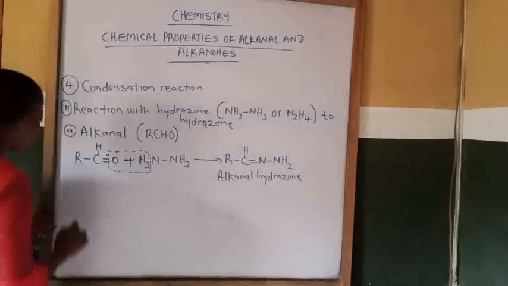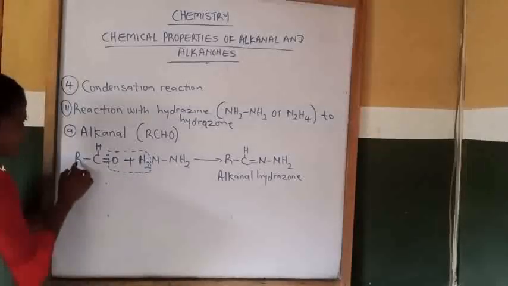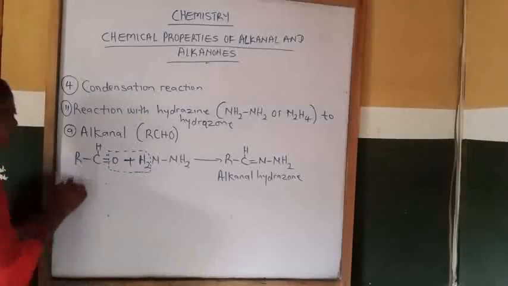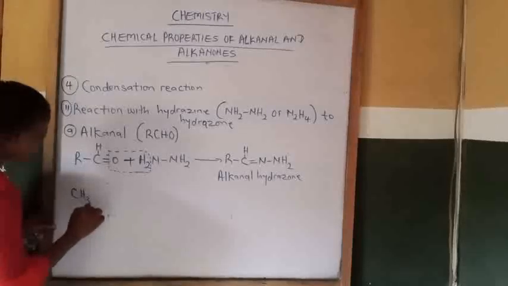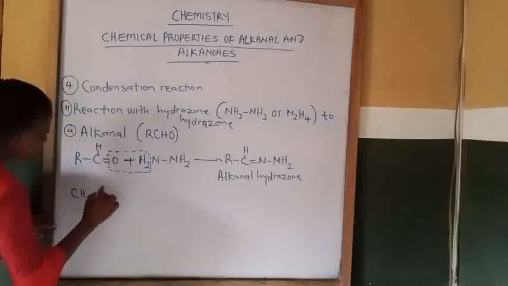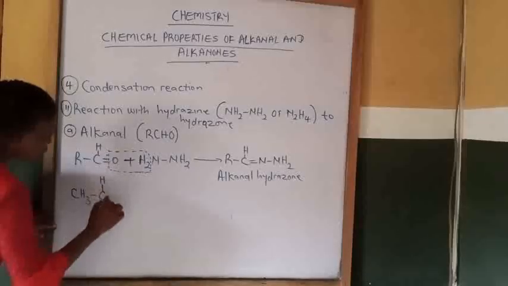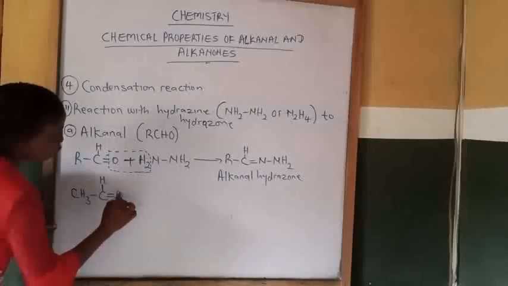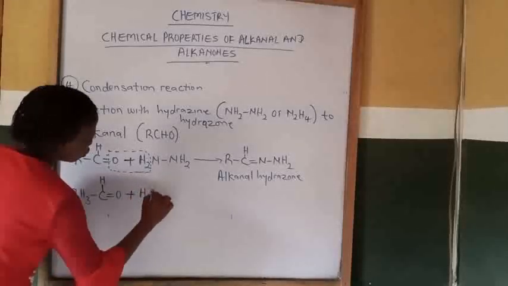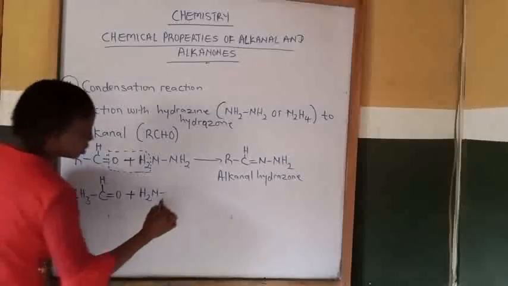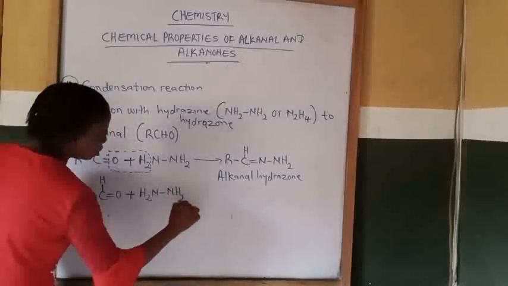So let's take a named alkanal, the second member of alkanal, by replacing this R with an alkyl group, CH3. CH, then double bond O, plus H2N, plus your hydrazine, NH2.